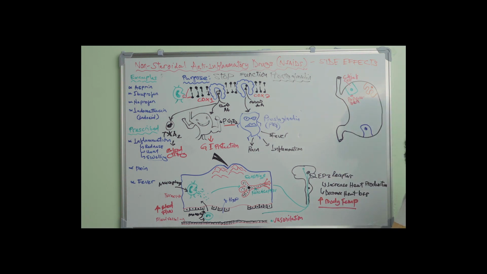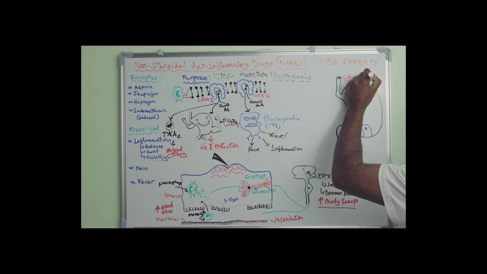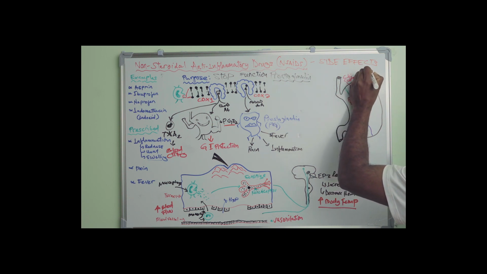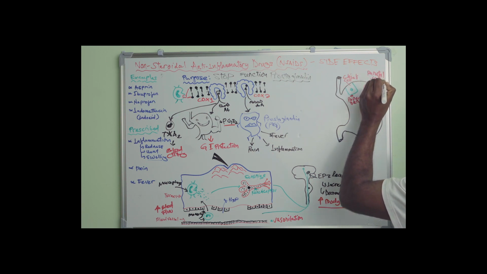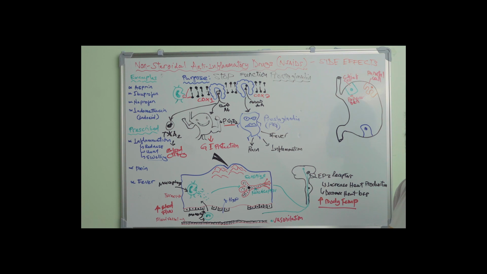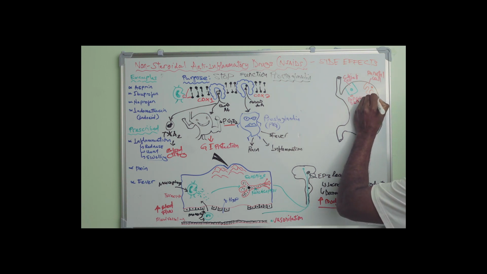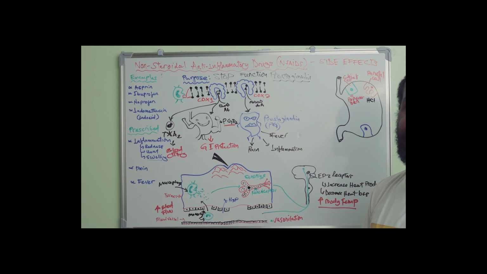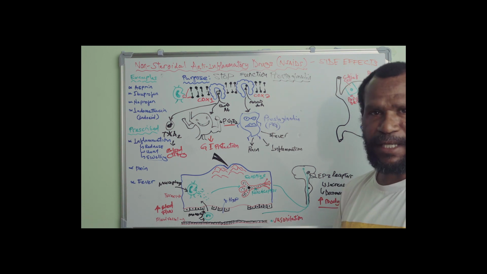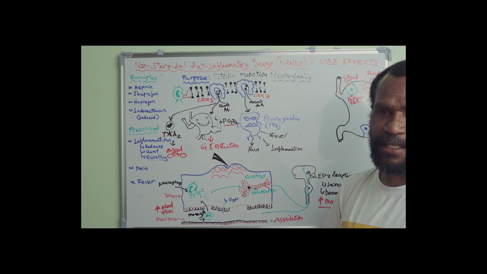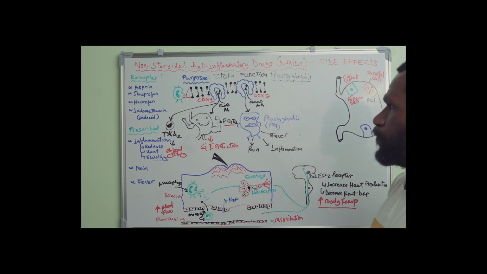This one is called a parietal cell. This parietal cell secretes HCl, hydrochloric acid. The pH is around 1, 2, or 3, so it is very acidic and very corrosive.